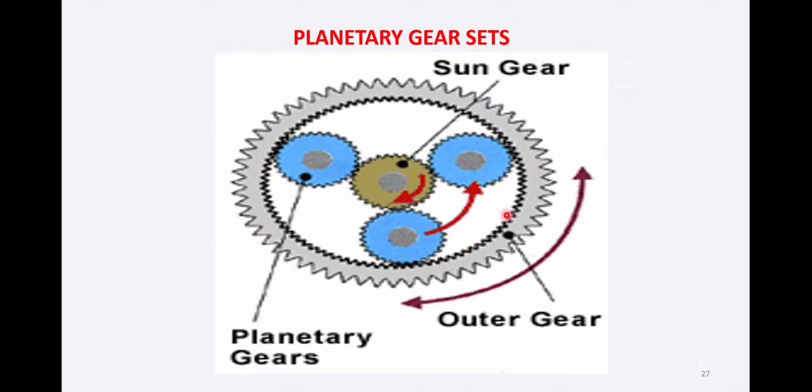In general, we have internal teeth here, but in some cases we might have external teeth also. So this is the planetary gear set, a combination of three types of gear: the sun gear, the planetary gear, and the ring gear or the outer gear. We will study it in detail in this lecture.